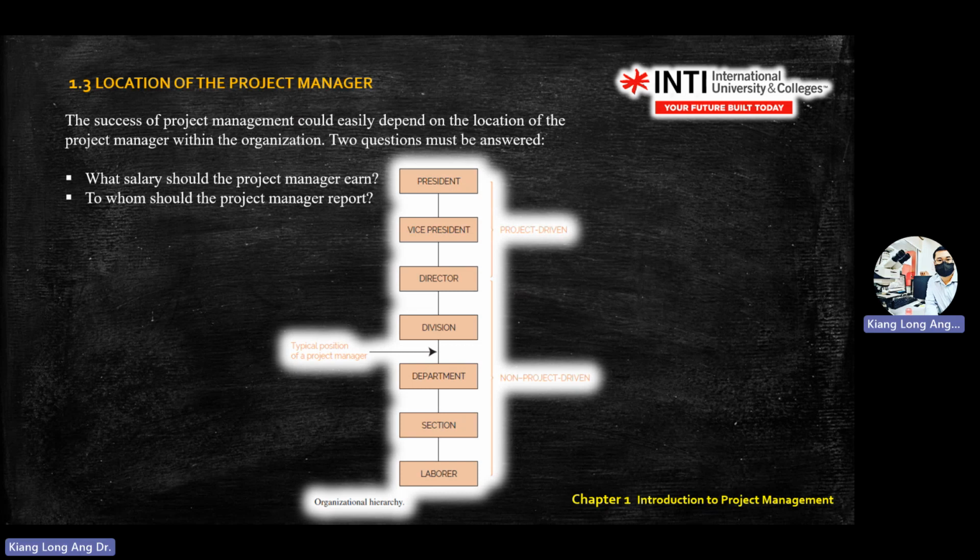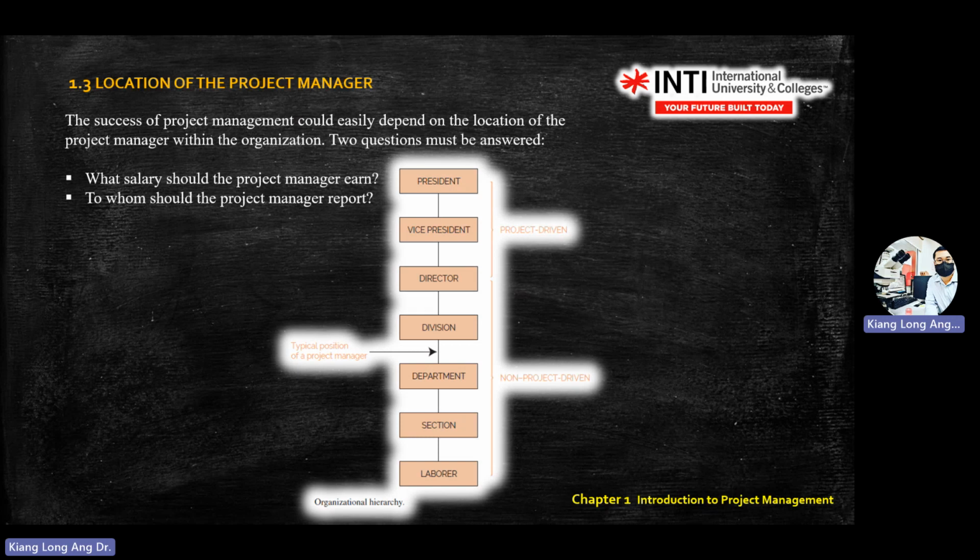So it's important. As you can see from this organization chart, the project manager can be external people. You just hire them, they come and manage the project and then go. Or it can be internal staffing. Select one of, maybe one of the directors to become project manager and so on.